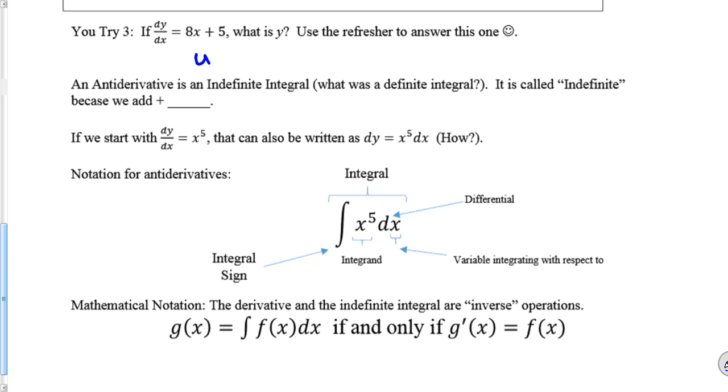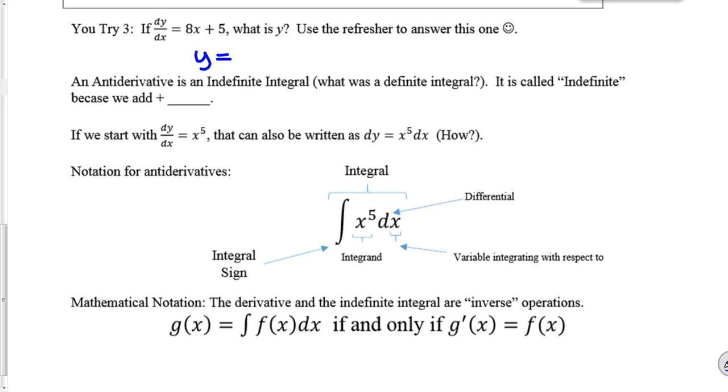So our y is going to be directly from our refresher. So we know this much, and again, from the refresher that we did, and then I'm going to add a plus c to the end, just so I know there could be a constant right here.